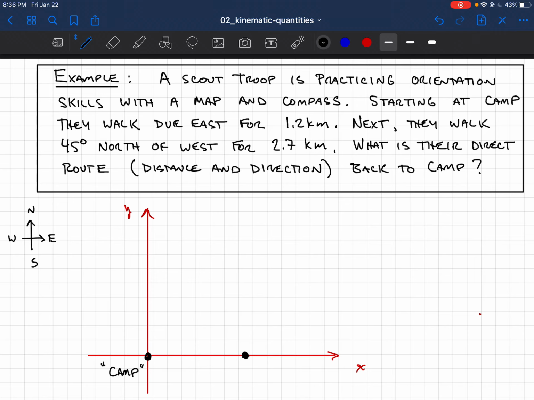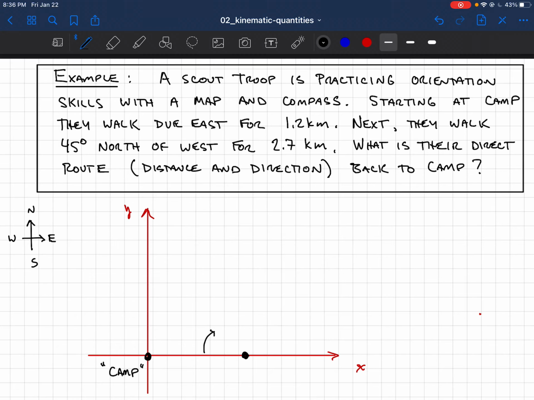And then they're going to go almost 3 times that distance, but in a direction north of west. So what does that mean, north of west? Well, the west direction is backwards in the negative x direction. And when we say north of west, we mean an angle that takes an arc in the direction north.